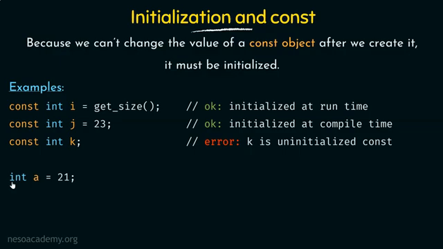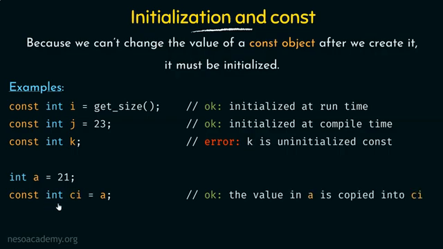Okay, moving on, let's take a few more examples. Here I am defining a variable called a of the type integer, and I am initializing it to the value 21. This is just a simple definition. Next, I am defining a variable called ci of the type integer, declaring it as a constant, and initializing it with a. So this is also valid.